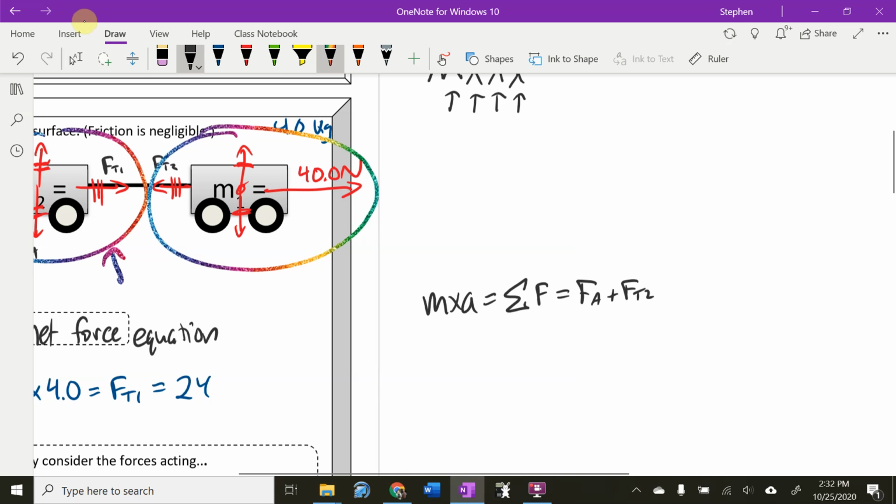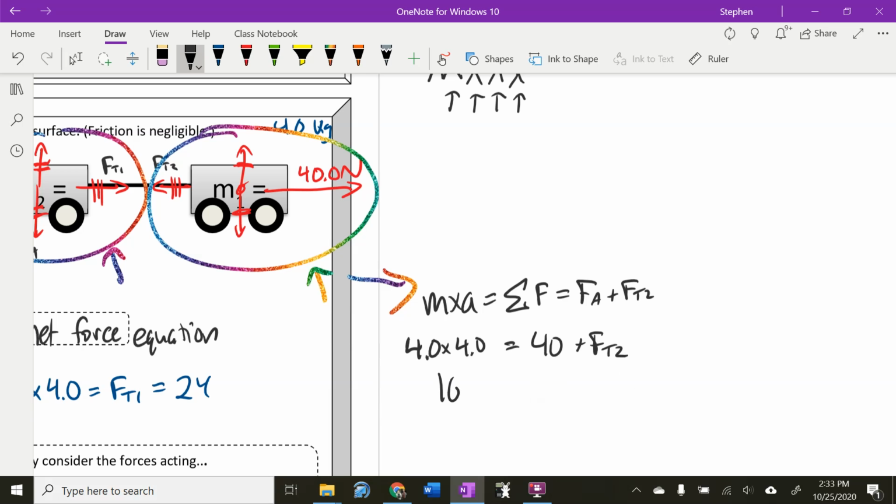Now, if I'm looking in this front box up here, so that's what this formula is going to be for, then the mass of this object is 4 kilograms. So 4 kilograms times 4 meters per second squared is going to equal our FA plus, sorry, FA was the 40, my apologies, plus FT2.